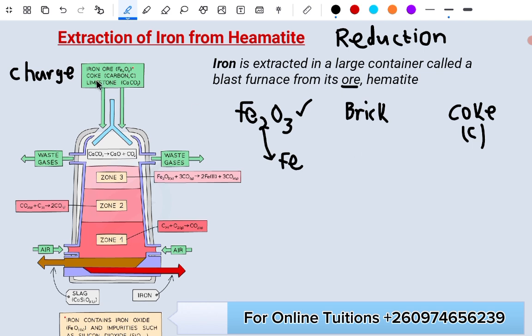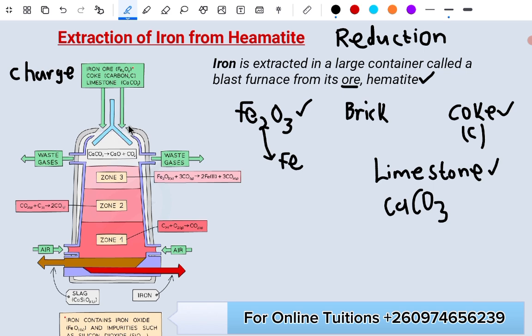And then we also have limestone. So the raw materials fed in the blast furnace are 1 hematite, 2 coke, and the third one is limestone. The chemical formula for limestone is calcium carbonate. These are what we call the charge, and they are fed right here in the blast furnace.